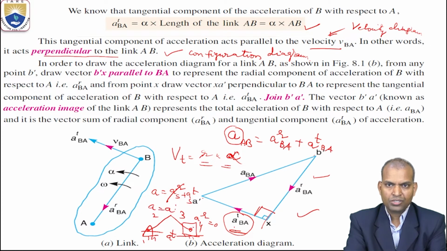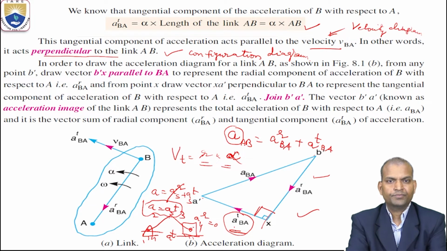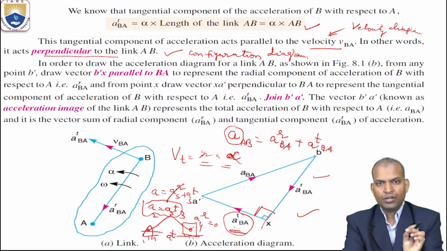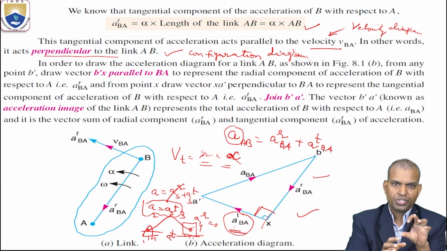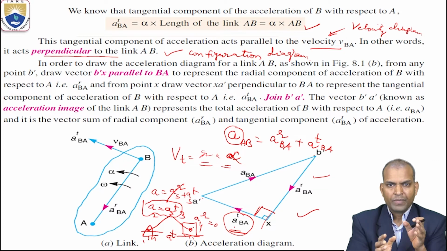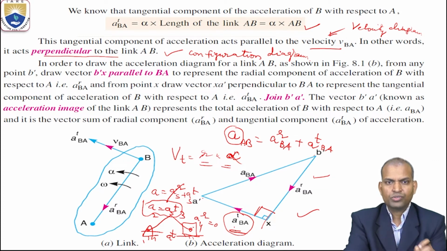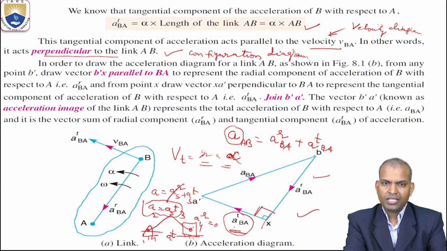Then the total acceleration of the slider equals the radial component plus the tangential component, and since the radial component is 0, the total acceleration of the slider is the tangential acceleration. Thus we find out how a particular link moves, whether it is in rotation or a combination of rotation and reciprocation. Based on that, we take the values and draw the acceleration diagram.